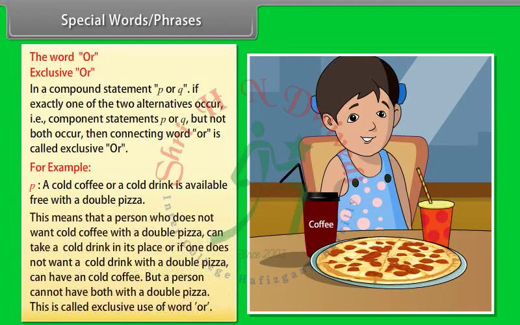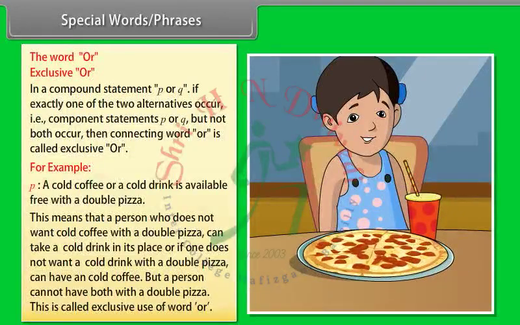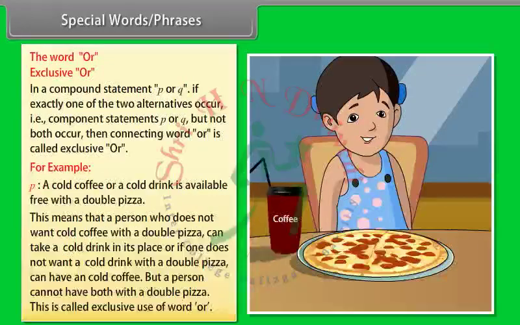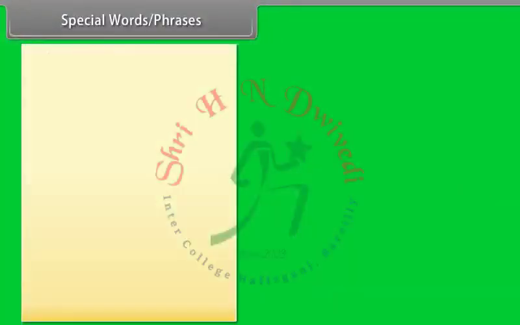This means that a person who does not want cold coffee with a double pizza can take a cold drink in its place. Or if one does not want a cold drink with a double pizza, they can have a cold coffee. But a person cannot have both with a double pizza. This is called exclusive use of the word "or".